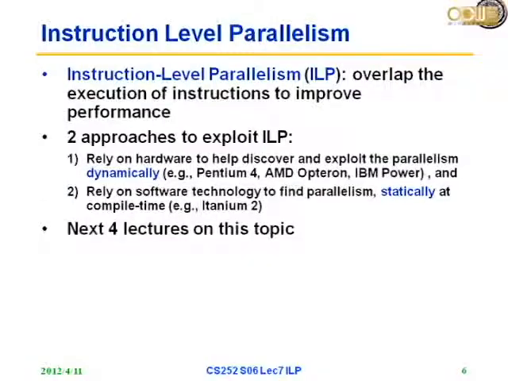So when people mention ILP to you, make sure you know what they mean. There are approaches to exploit ILP, a very simple categorization: one is to rely on hardware, and the other is to rely on software.